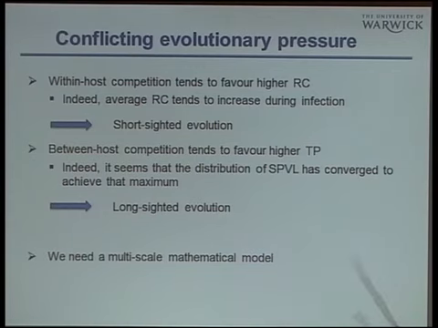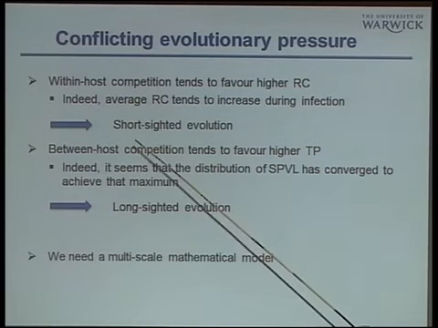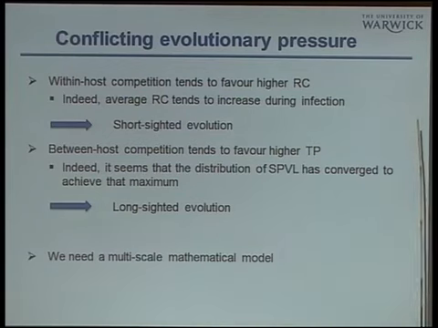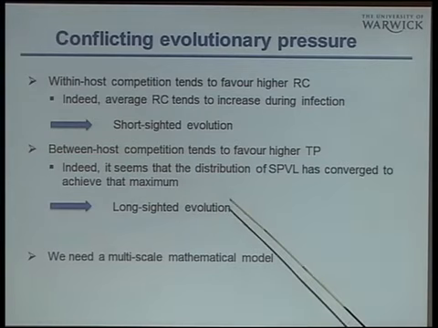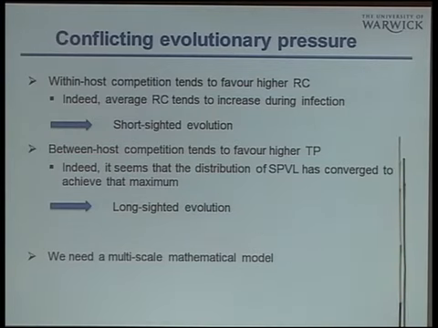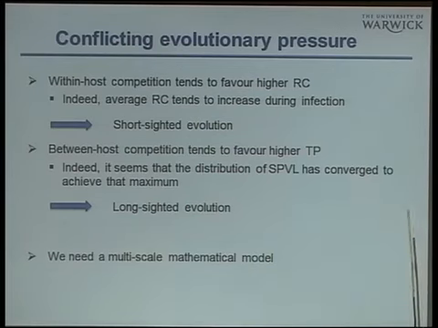So there are these two conflicting evolutionary pressures. There is a within-host competition that tends to favor strains with the highest replicative capacity, and in fact there is experimental evidence that shows that the average replicative capacity within a host seems to be increasing over time during the infectious life.